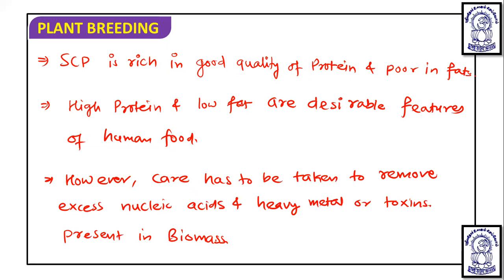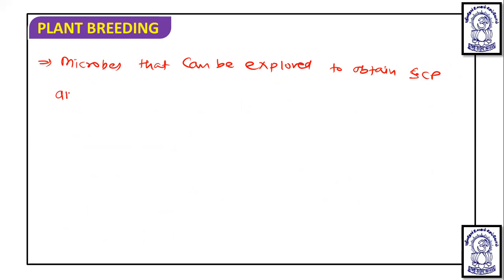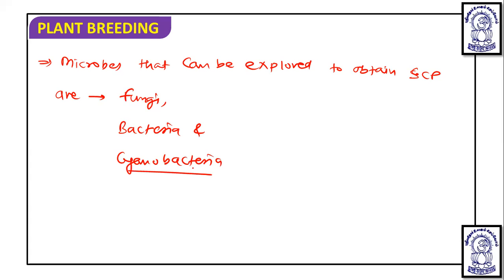And if we talk about the microorganisms that can be explored for obtaining SCP, the microbes are fungi, bacteria, and cyanobacteria.